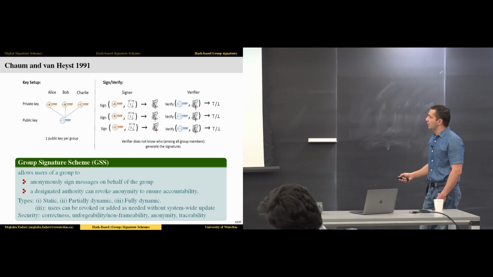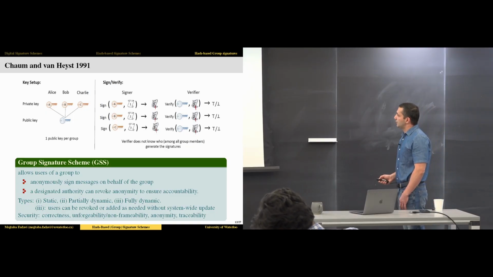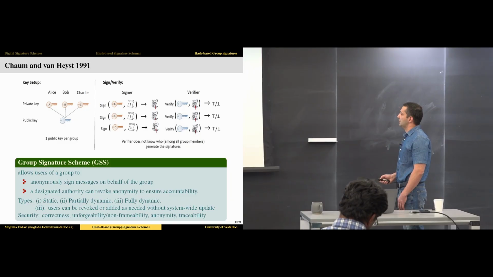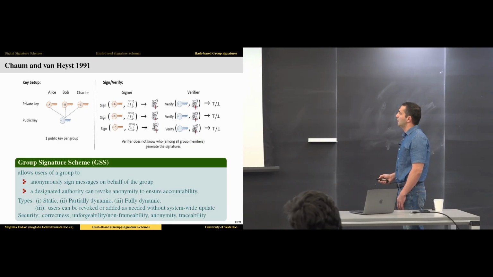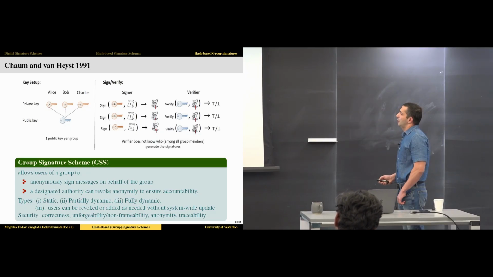There are 3 types of group signatures: static, partially dynamic, and fully dynamic. In a static case, the membership is done in the setup phase. The scheme cannot add or remove users after the setup time.